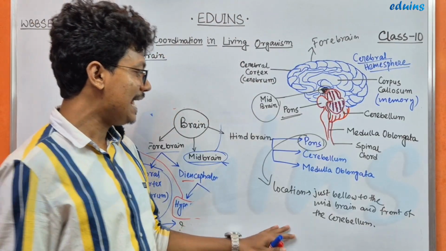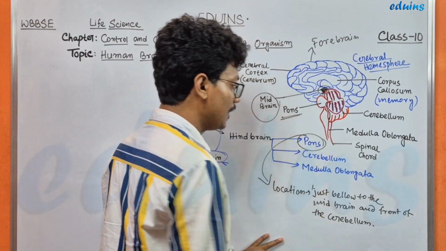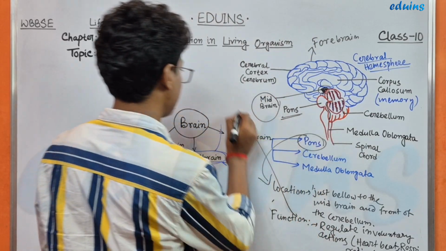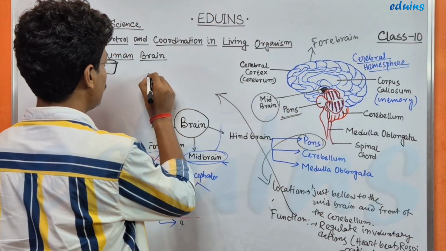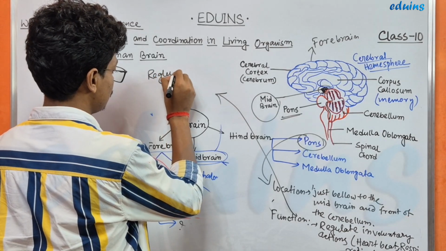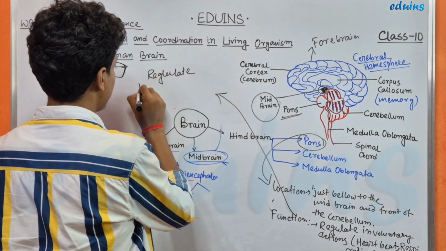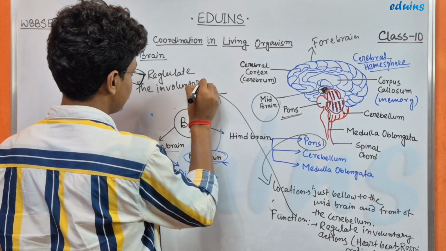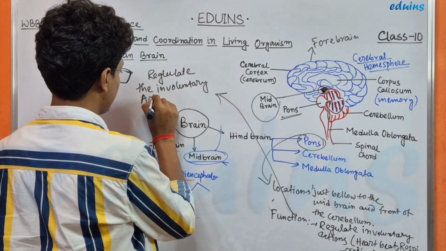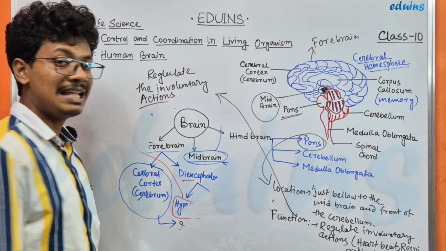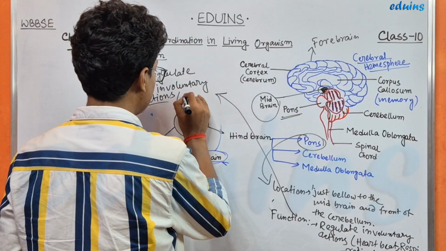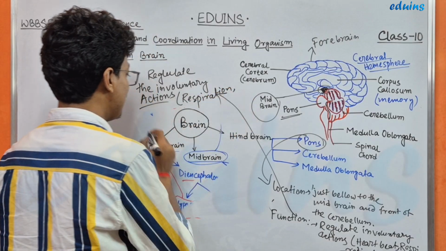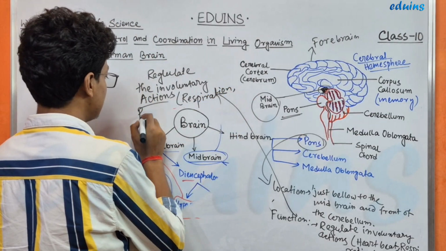Okay, next, what is the function of the pons? The function is to regulate the involuntary actions. What are examples of involuntary actions? Like respiration, peristaltic movement.